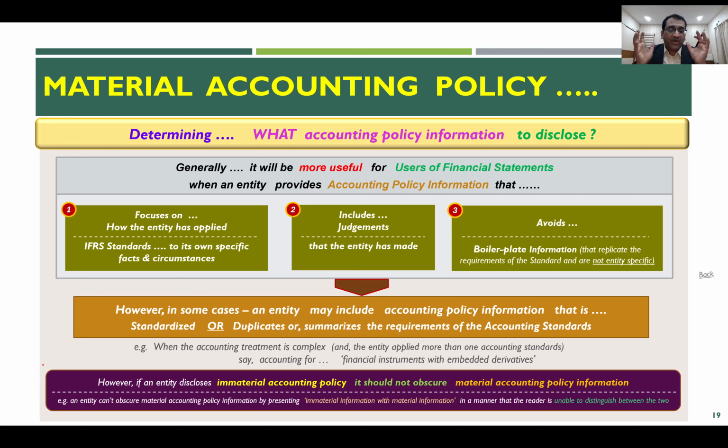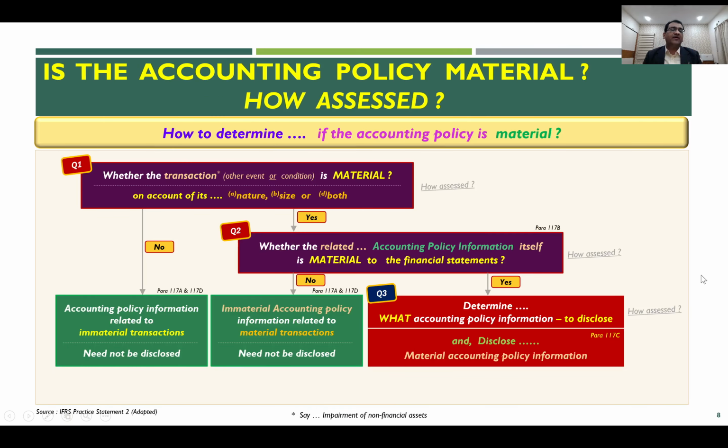So you can give immaterial accounting policy in certain circumstances, but you should give it in such a way that it does not obscure the material accounting policy information. It should not happen that the user is not able to identify which is significant or material and which is not material. That's how you have to be slightly careful when you are giving this kind of information. So that's how you have to assess.